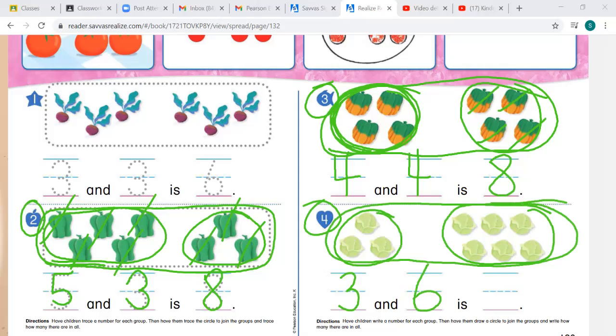So we make one big group. 3 and 6 is. So we have 3 in our first group, so we're going to start counting from 3. So let's say 3. What's after 3? 4, 5, 6, 7, 8, 9. 9 heads of cabbage in all. 3 and 6 is 9.